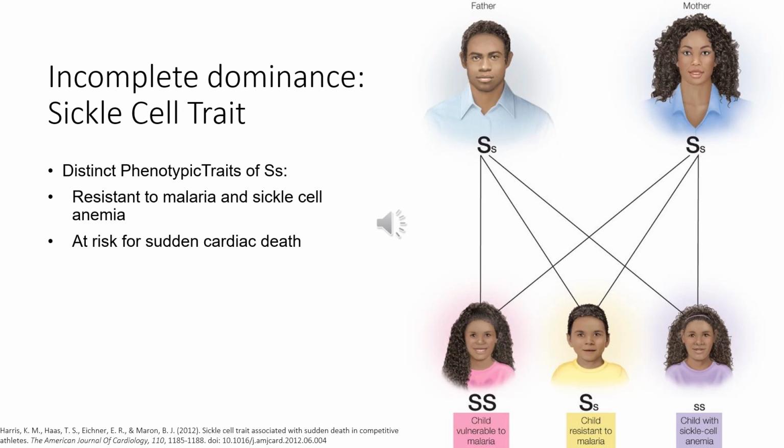So there's been some research into deaths of college athletes, some occurring on the football field for African Americans in high temperatures and high stress conditions, where those who had the sickle cell trait had some of their cells sickle and lead to cardiac arrest, even though they did not have sickle cell anemia.